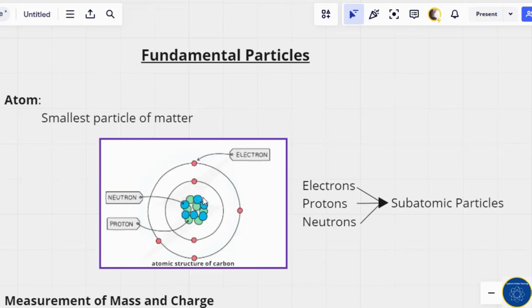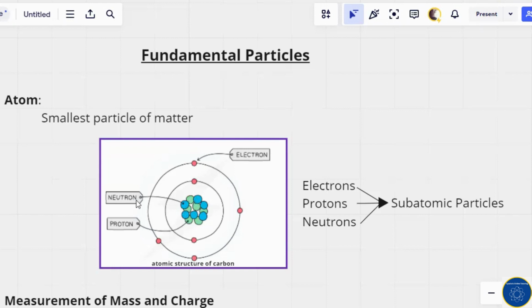Now, the question arises, what is the charge on the nucleus? The nucleus has an overall positive charge because the protons have a positive charge and neutrons have a neutral charge. That is why the nucleus exhibits an overall positive charge due to the presence of protons.